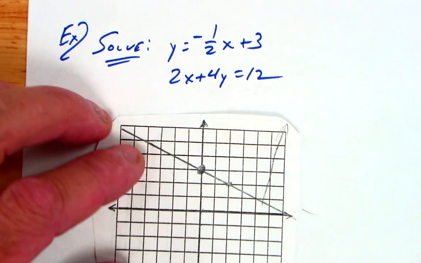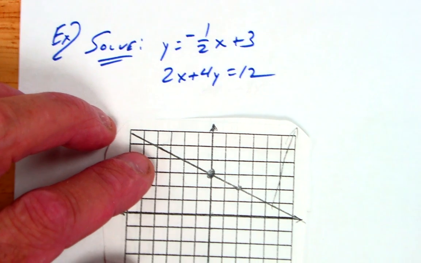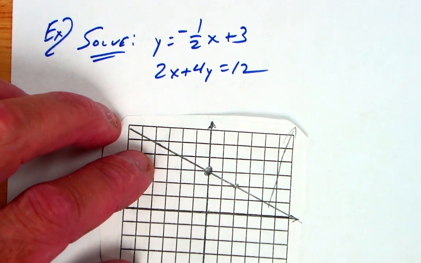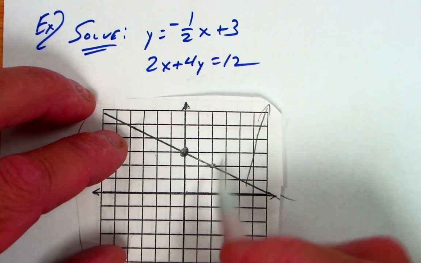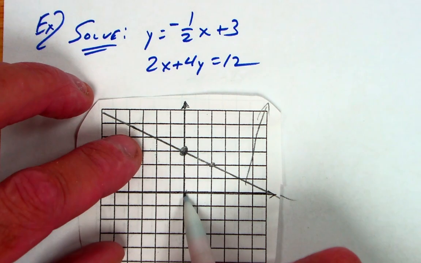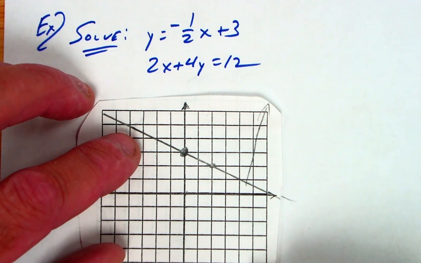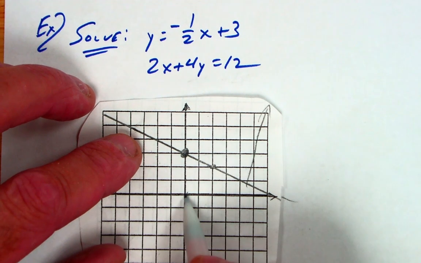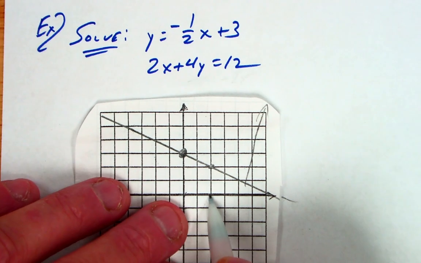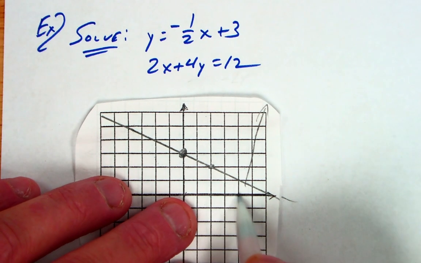Can I just find the x-intercept? A dot on the horizontal line at 6. So go over 2, 3, 4, 5, 6.